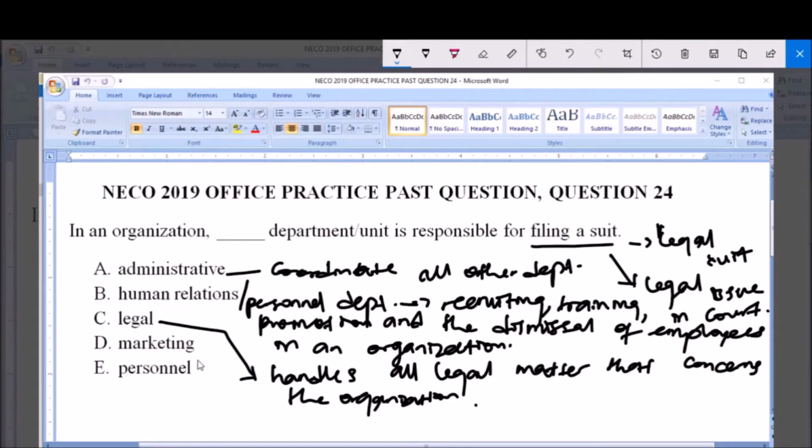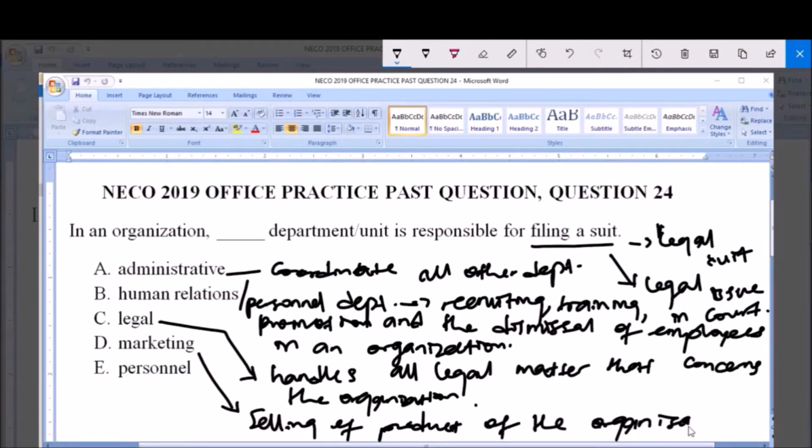Now this is marketing. Marketing department is responsible for the selling of products of the organization. They organize sales promotion and respond to consumers' inquiries.